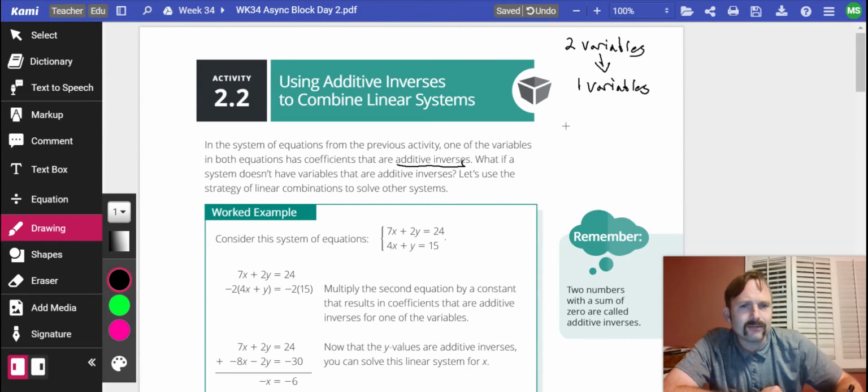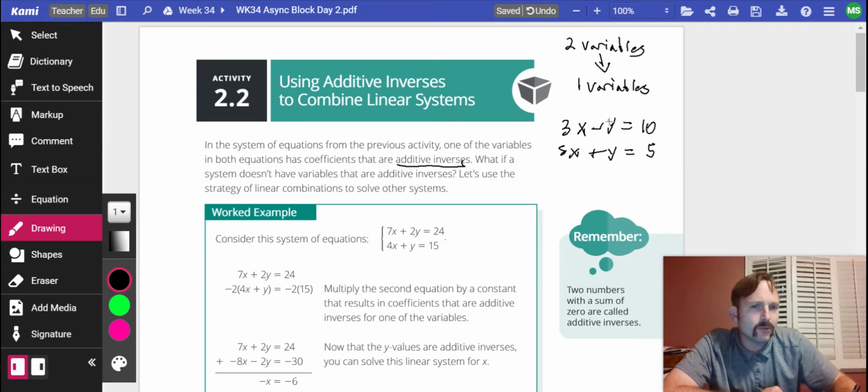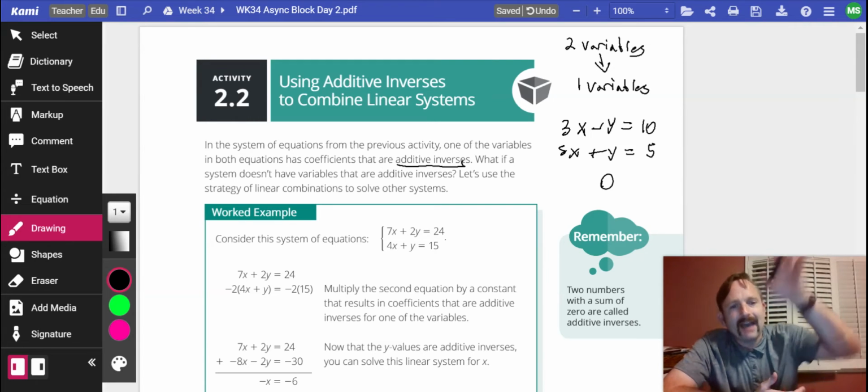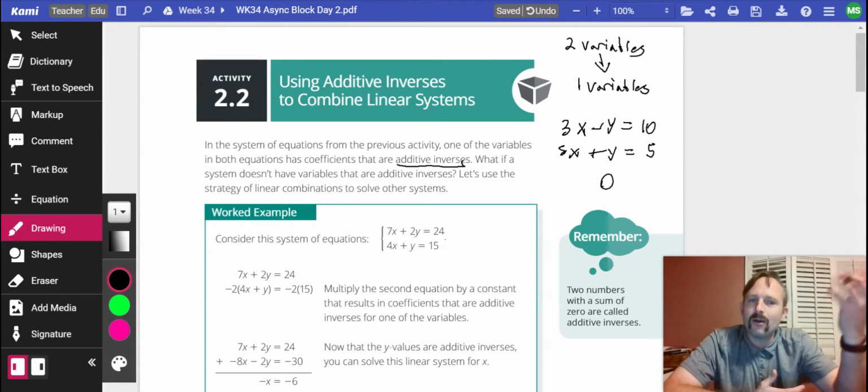So basically, they had this, and then we had 5x plus y is equal to 5. And then when we combine them, negative y plus y would be 0. And so we could add these two, and we'd eventually figure out what x is. In the meantime, when we add these two equations together, y goes away.